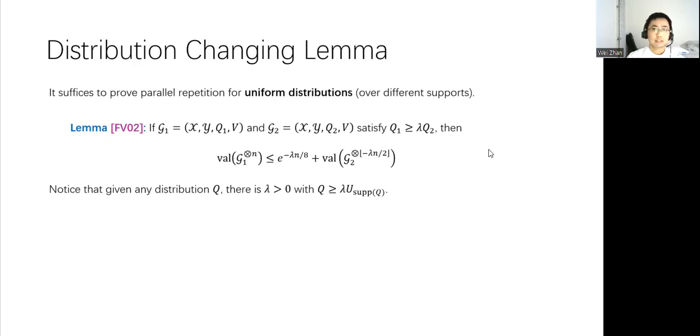I will not read the exact statement, but what it basically says is that if the distribution Q1 has some part being the distribution Q2, then in order to prove a parallel repetition theorem for Q1, it suffices to prove it for Q2. And for any distribution Q1, the uniform distribution over its support is a suitable Q2. And that's why we can prove parallel repetition only for uniform distributions.